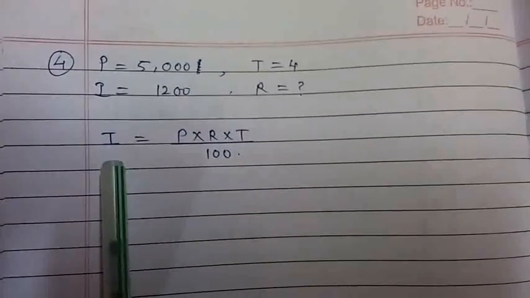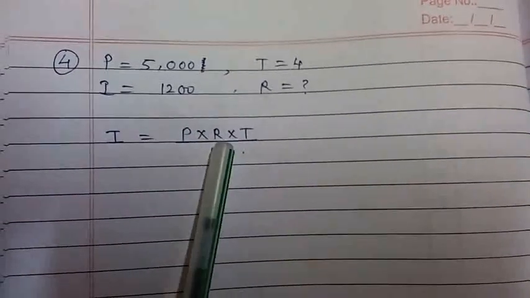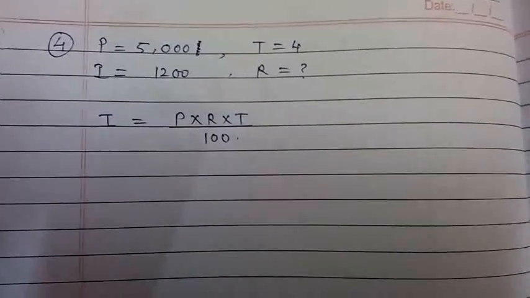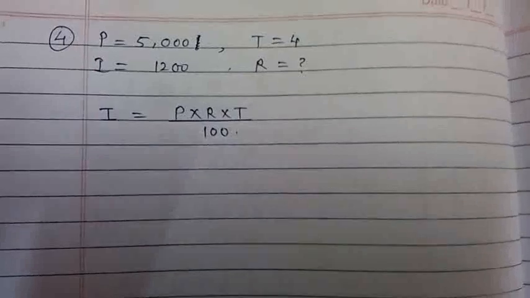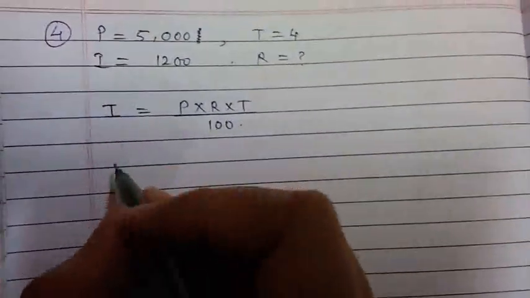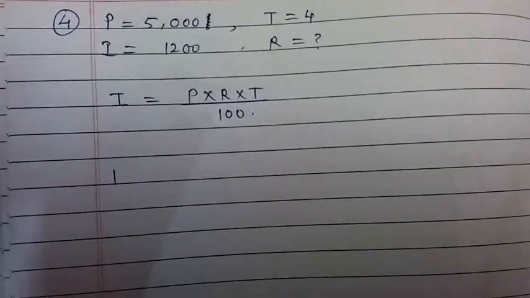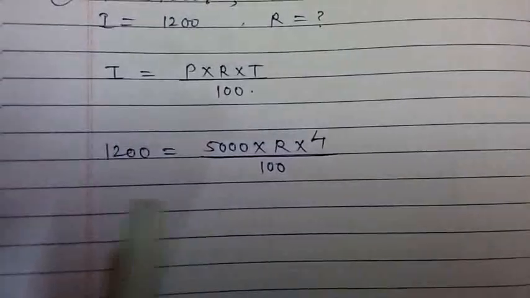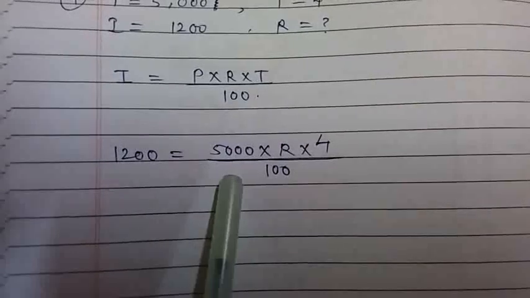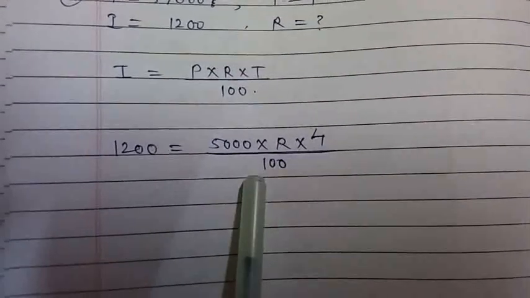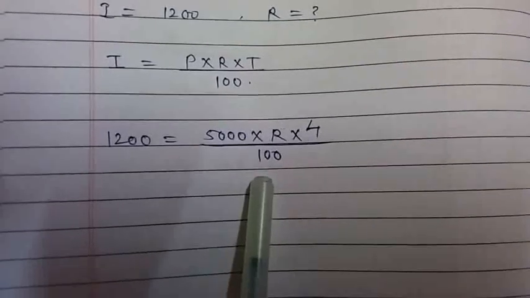This is our formula. Simple interest is equal to P multiplied by R multiplied by T upon 100. Now put the values in the formula. I is given 1,200 rupees. 1,200 is equal to 5,000 multiplied by R multiplied by T upon 100.